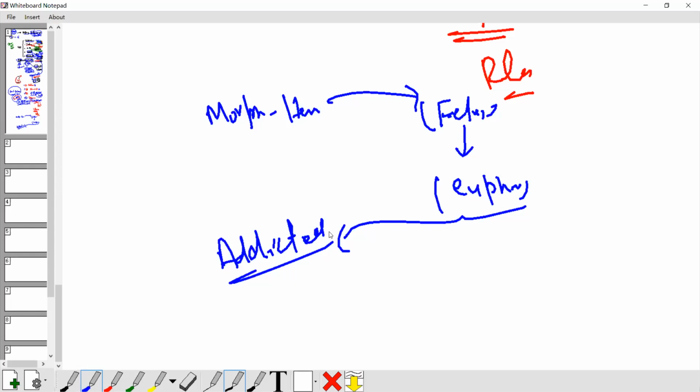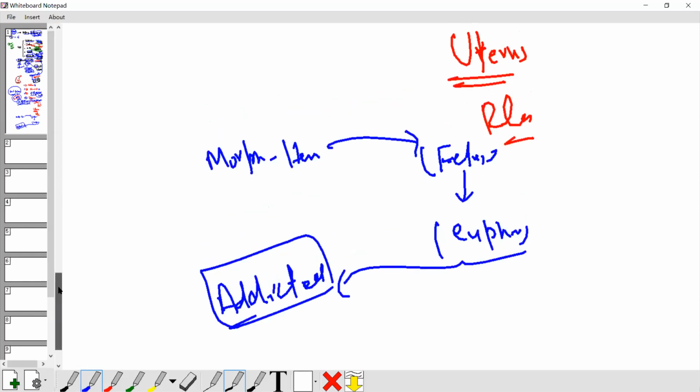After delivery, the baby is also addicted because for 9 months heroin and morphine entered the brain of the baby. So the brain of the baby is also addicted. What happens in the baby? Withdrawal effect. Like you withdraw heroin and morphine from the baby. It's not good for the baby too.